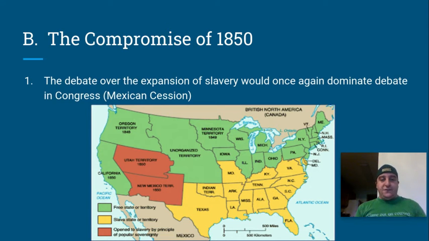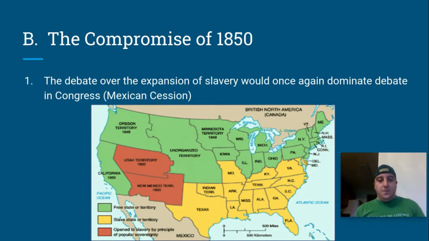Now, for the North, that's great because that is another free state that will vote on Northern issues and support Northern causes. For the South, that's bad because that's a free state that is going to vote against the South.